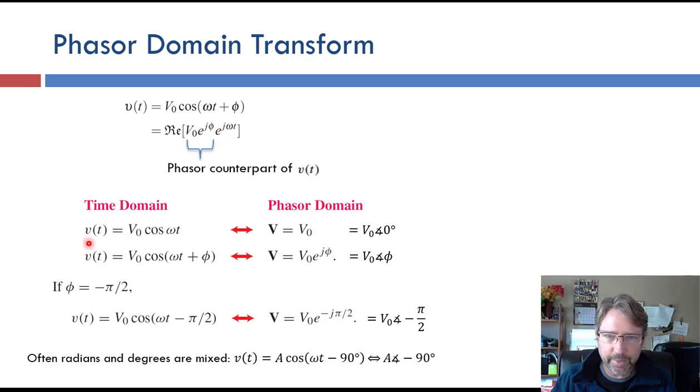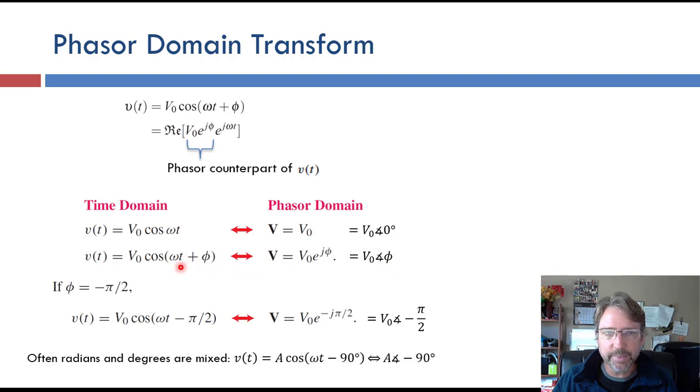So here, if we have v0 cosine omega t, our transform is just v0, or v0 with a phase of 0 is the way I would write it, or v0 e to the j 0. That's where we get the v0 here. The general term v0 cosine omega t plus phi, you can see we just put the v0 here and the phi here. So we're just keeping track of those.